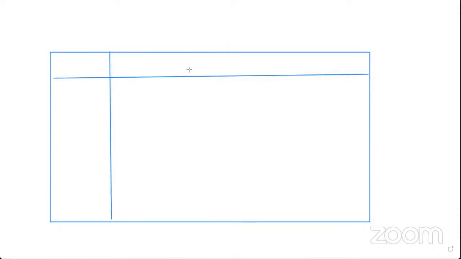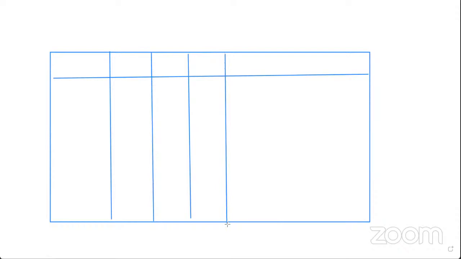I ask you to remember the basic angles here: 0, 30, 45, 60, and 90. I ask you to remember these things.